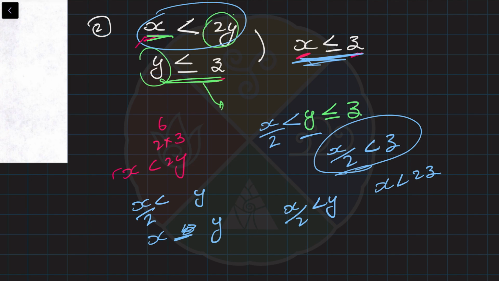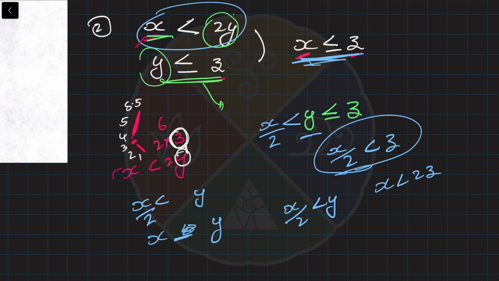Then x can be any value less than 6, maybe 5.5 or 5, 4, 3, 2, 1, any value like this. But y is still only 3. So y itself might be equal to x, less than x, or even greater than x.